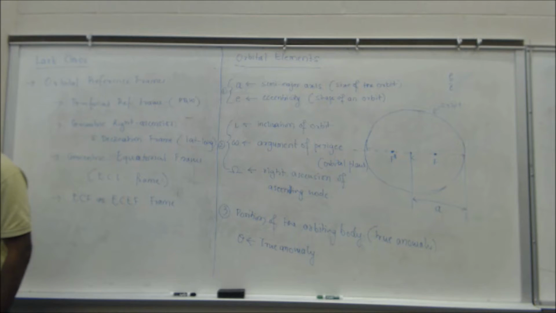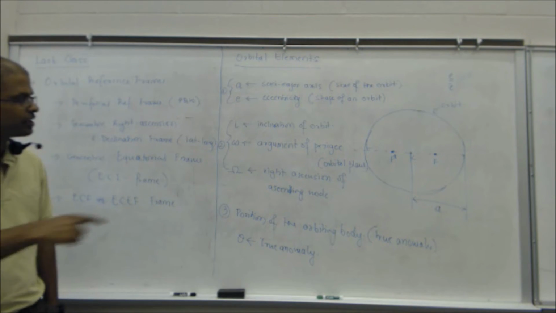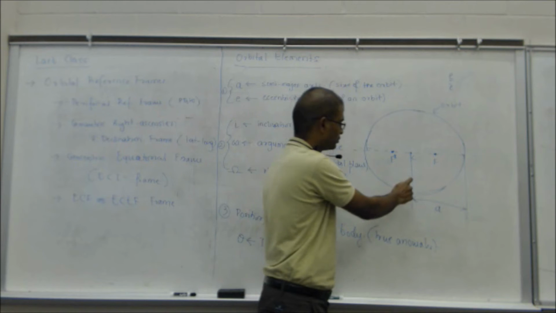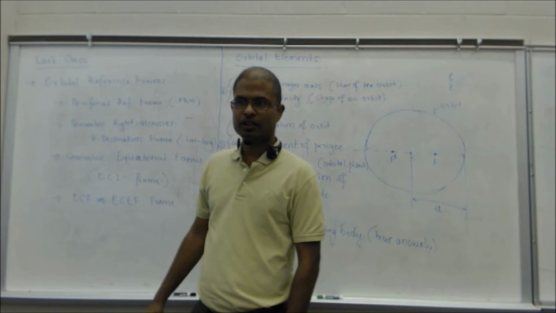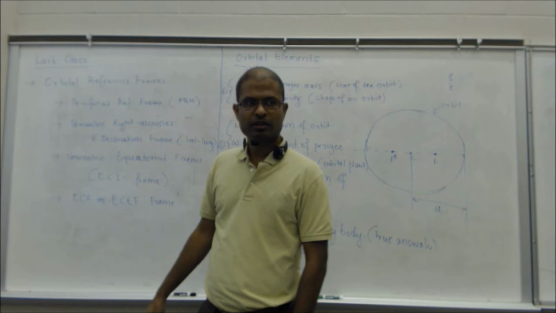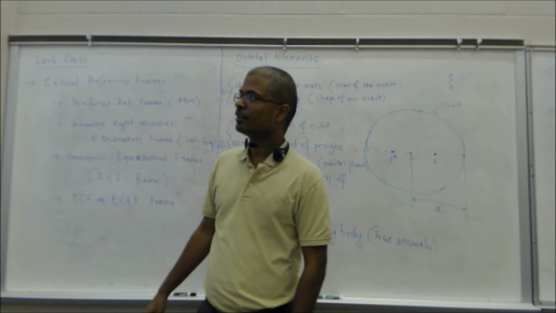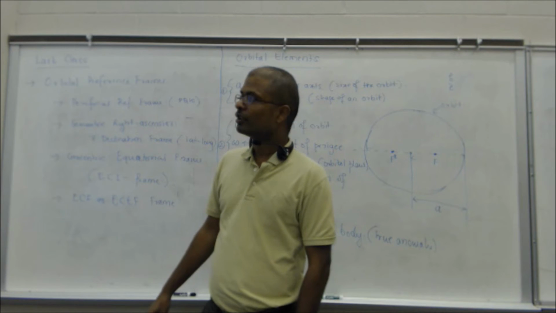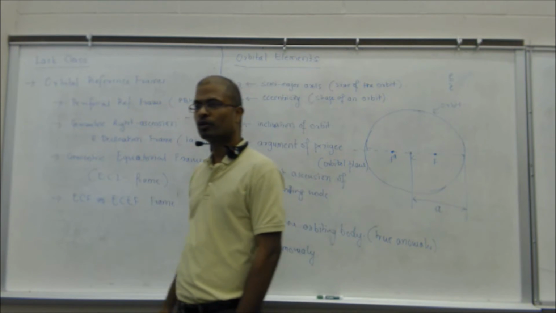You should also take a look at this view. Do you see A here? Can you visualize A? Can you visualize the orbiting body here, the orbital plane and the equatorial plane?